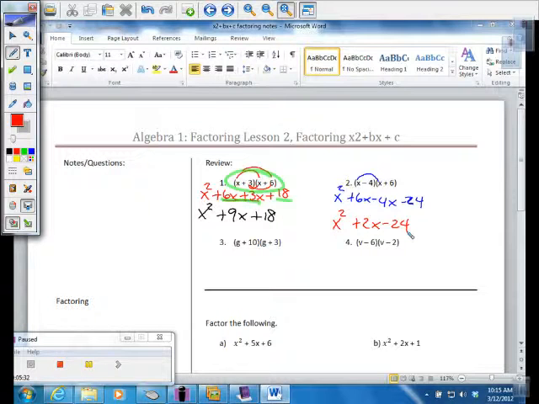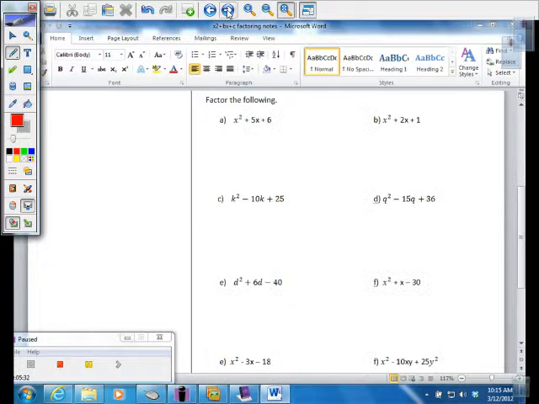I need two numbers that will multiply to give me my first times my last, but add up to my middle number. So if I look at this first one, letter A, all I'm looking at is the first times the last. I need two numbers that will multiply to give me 6, but add to give me 5.